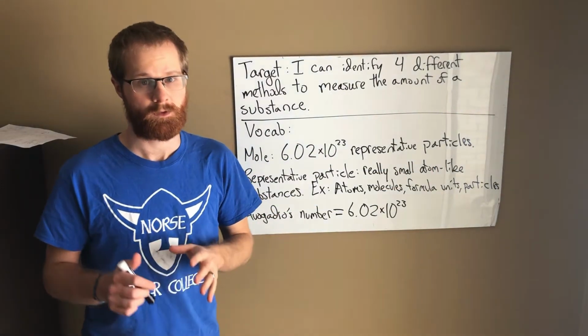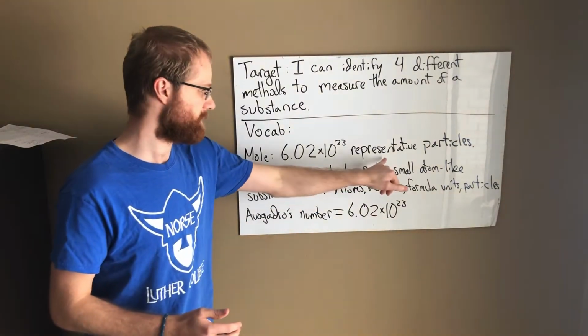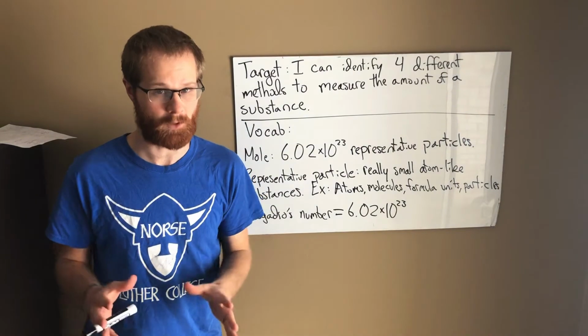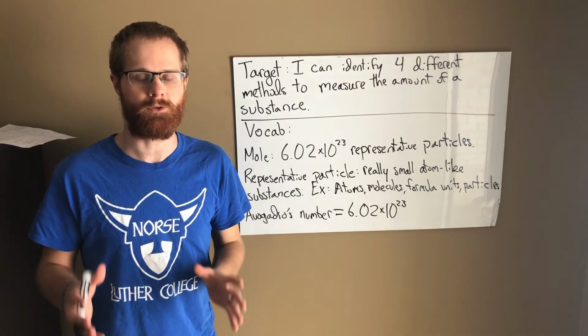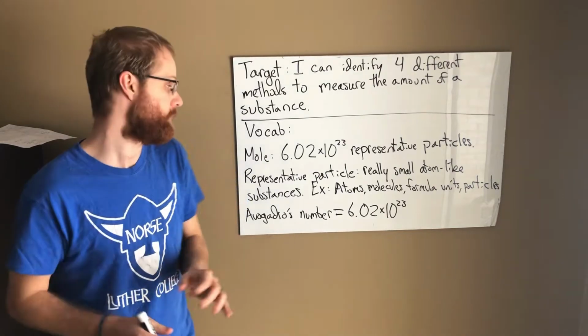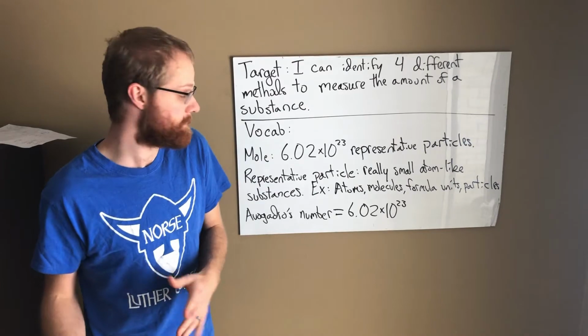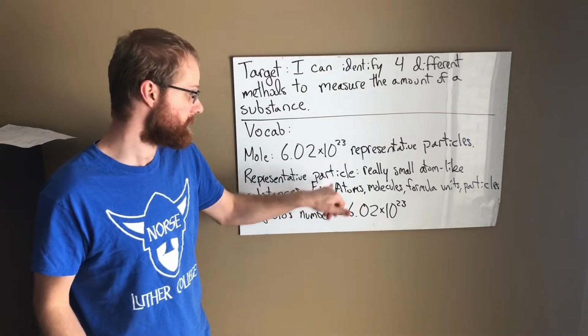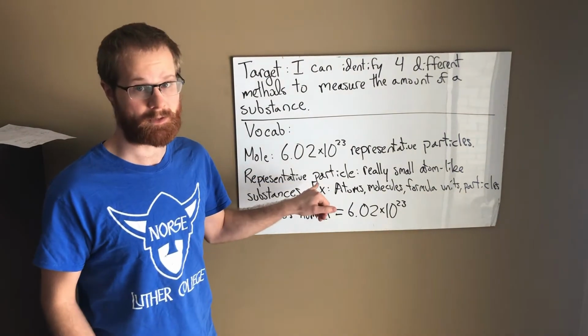Okay, so if a mole is a number of particles, what's so special about something being a representative particle? A representative particle is just a broad category used to describe things that are really small and atom-like, but not necessarily atoms. Atoms are definitely representative particles, but things like molecules are representative particles.